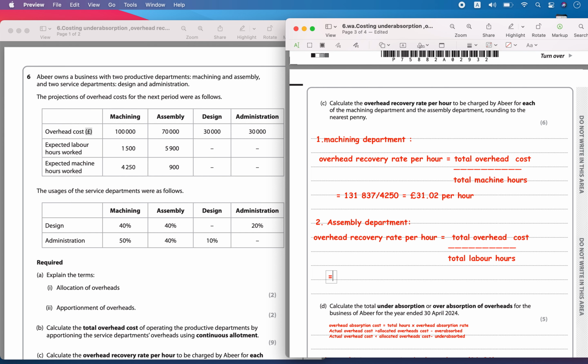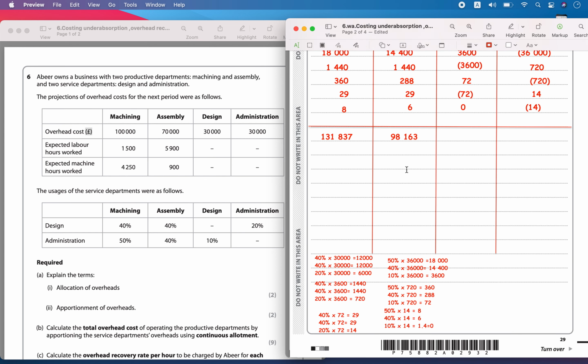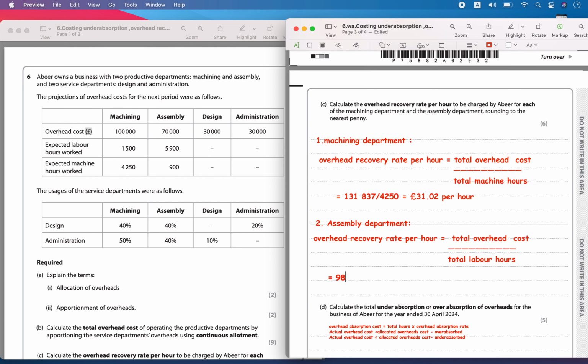So the recovery rate is going to be equal to the total overhead cost for the assembly, 98,163, divided by the labor hours, which are more here.